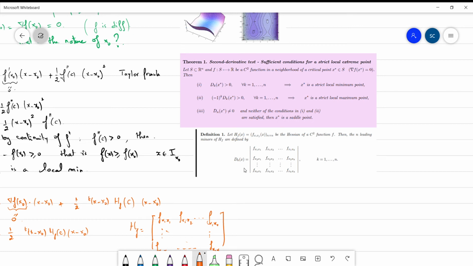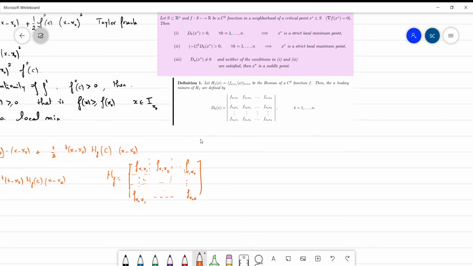So dk is not the determinant completely: this is d1, then you take the first row up to the second column and you cut it, you get d2, etc. So this is how we form our dk. You see, you stop at xk, xk.